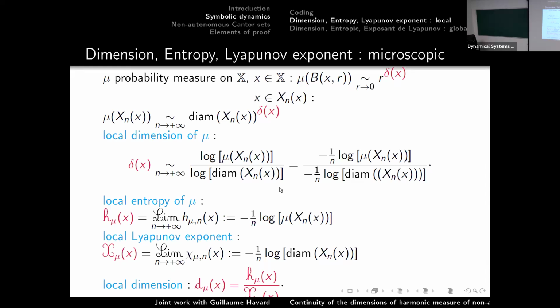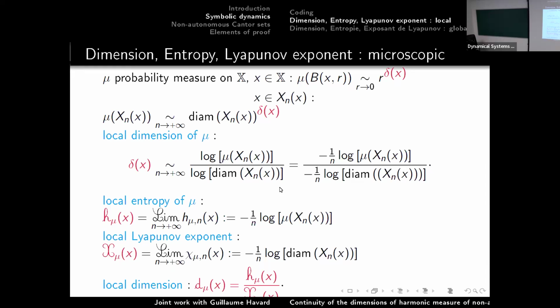This is a fixed IFS, not random. I don't take any random IFS. All fixed, all deterministic, autonomous or non-autonomous, it doesn't matter, but it is fixed. This is just definitions.